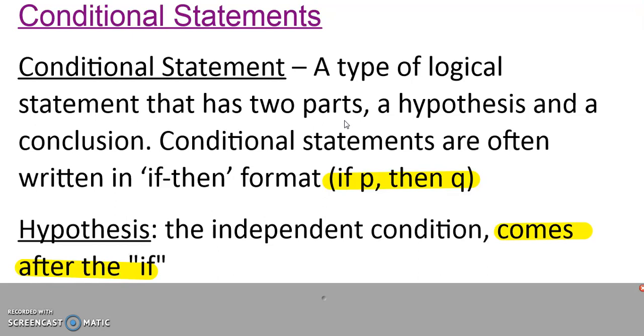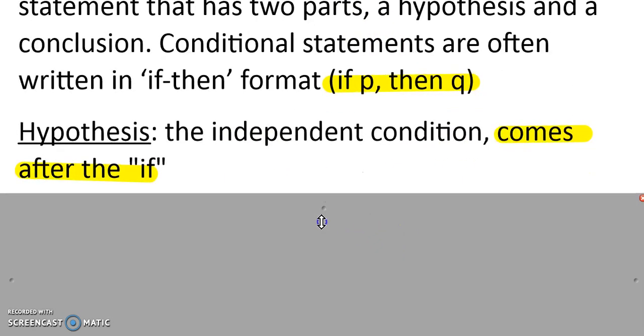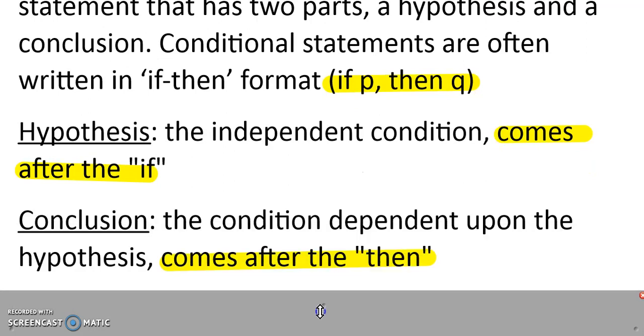Yeah, there's other things that cause it, but within our own statement, the raining happens first, and then the you getting wet is what happens depending on the rain. So our hypothesis is independent, and our conclusion is dependent. So the condition dependent upon the hypothesis. So if it rains, that's when you get wet.